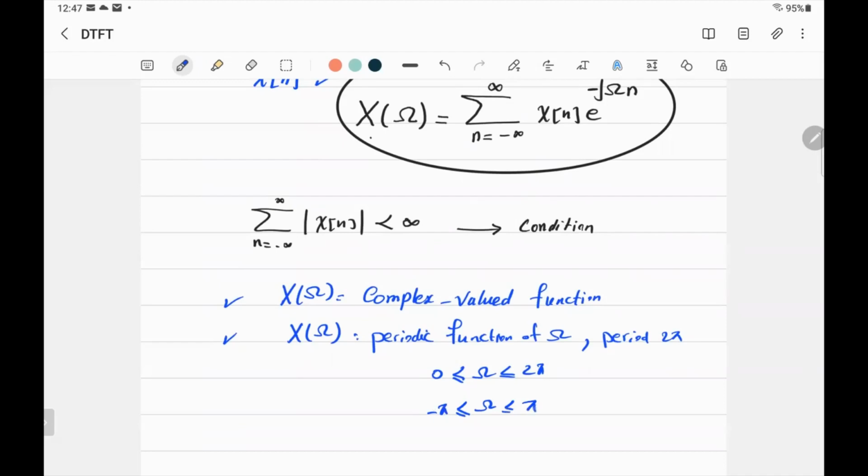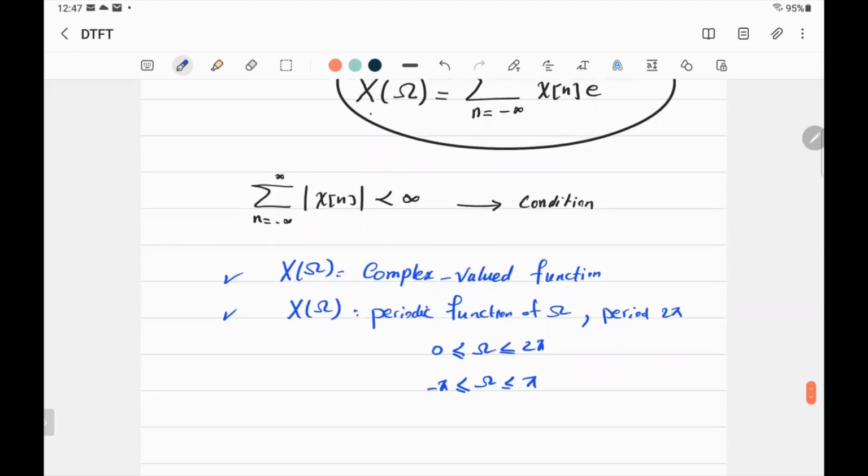It's enough, because it's going to be repeated every 2 pi. That's a very important characteristic. Since it's periodic, you can write X of omega plus 2 pi is equal to X of omega, because of the period.